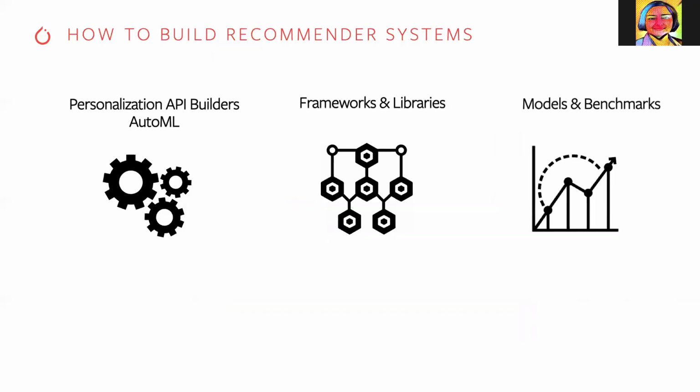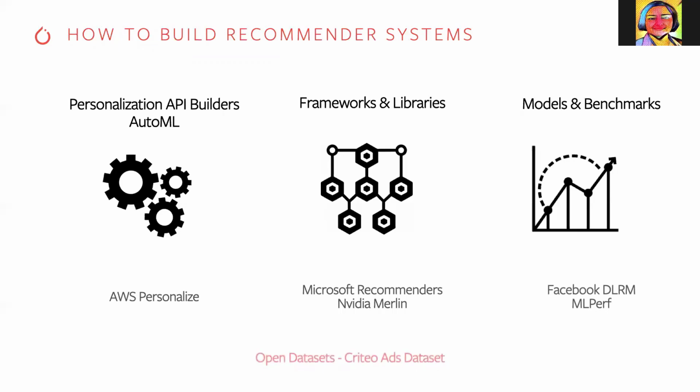Now let's look at the state of the art for building recommender systems. The solutions fall under three main categories. Personalization API-based solutions like AWS Personalize; frameworks and libraries like the Microsoft Recommender Library and the NVIDIA Merlin framework; and models and benchmarks like the Facebook DLRM model and the MLPerf industry benchmark for machine learning training and inference.